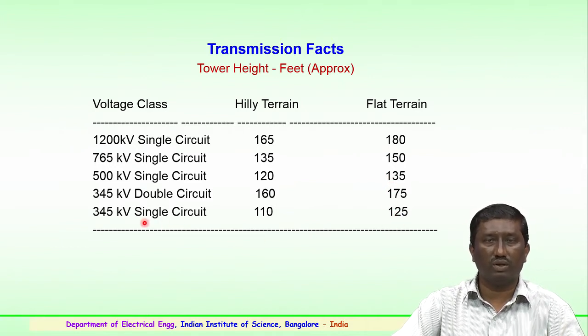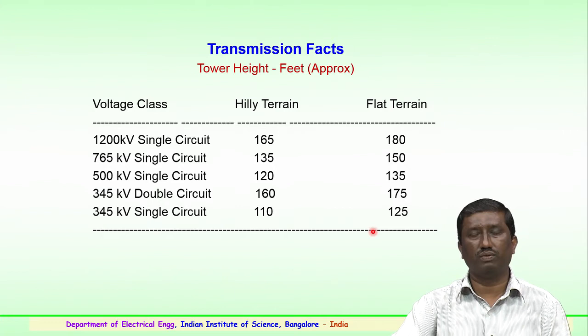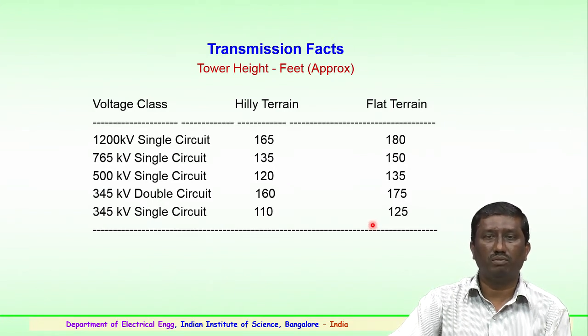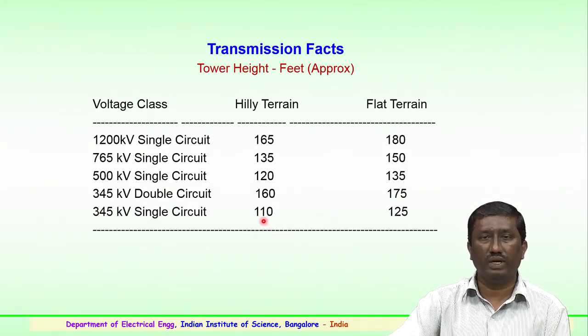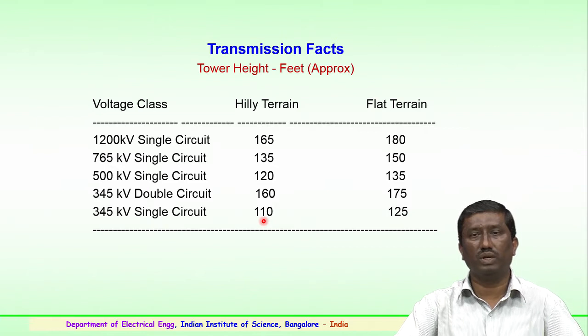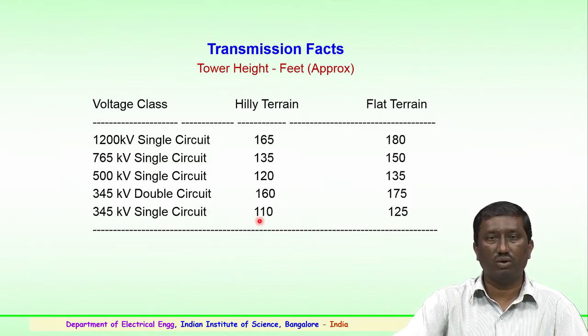Say for a 400 kV or 345 kV single circuit, the height is 125 feet, approximately 40 meters from the ground level, to be maintained in the case of flat terrain, whereas for hilly terrain it is 110 feet, approximately 32 or 33 meters from the ground level.